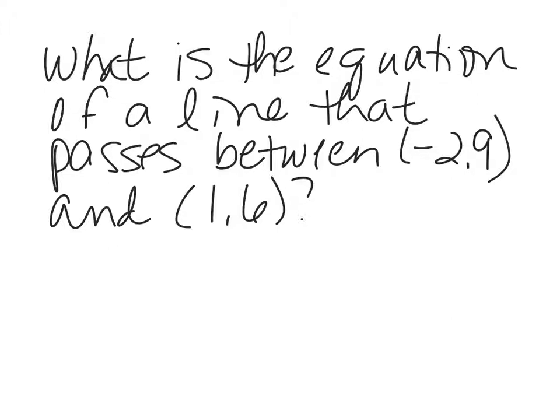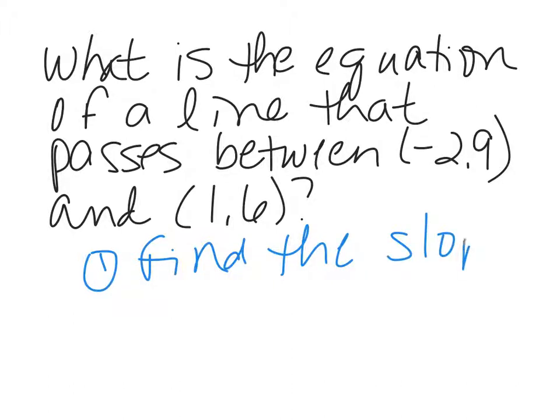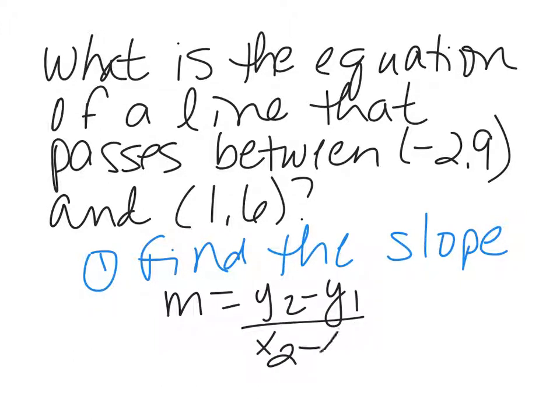All right, so let's talk about the steps. Step 1 is to find the slope. And to find the slope between 2 points, we use the difference in the y's compared to the difference in the x's. Of course, you could always get a piece of graph paper and do rise over run if you wanted to.